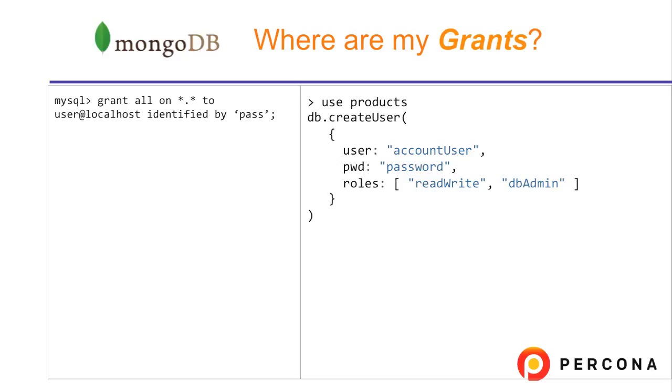Here, I give an example of how you add a user in version 3. In version 3, MongoDB introduced roles. The roles are what you allow to do, and on what collection or what database you allow to do it. This is similar to our grant command in MySQL, where you say *.*.